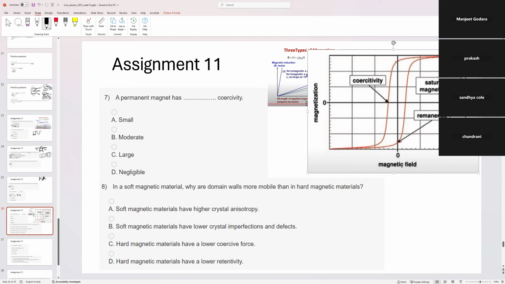So you apply an external magnetic field, this is H. So B, you apply the external magnetic field, you reach saturation, and then you remove the magnetic field.